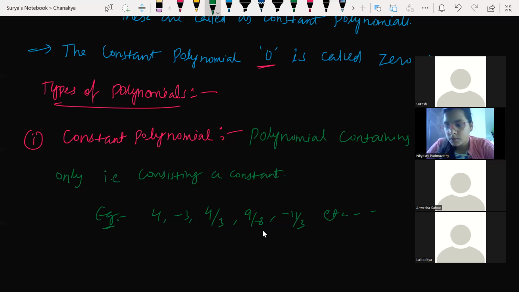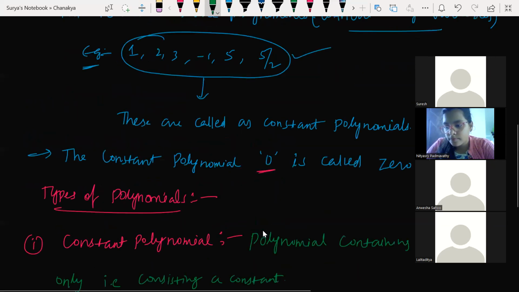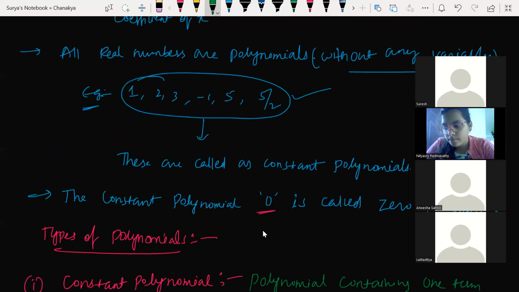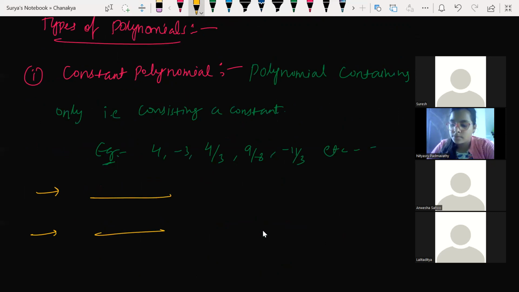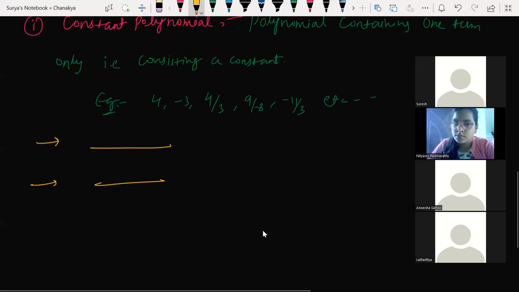So you can write this point here as well, beta. These 2 points I wrote here, right? This point and this point you can write under this constant polynomial as well. If you want, you can shift that point here as well, guys. Those 2 points you can write under the constant polynomial, no problem. Next, we'll go with the zero polynomial. Understood, guys, what is constant polynomial? Any doubts?